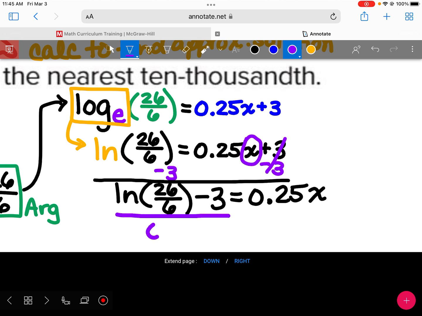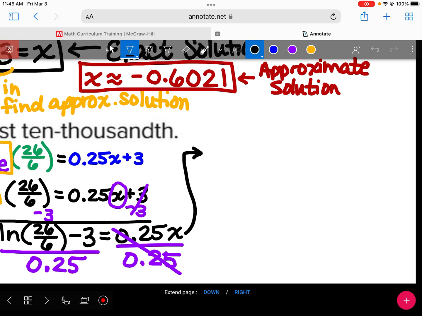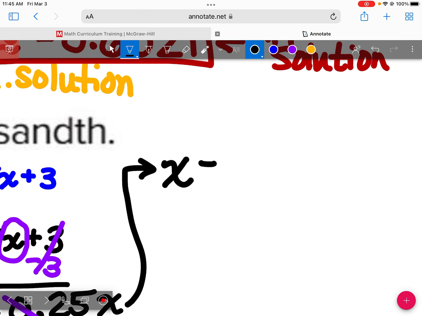Everything over here gets divided by 0.25. Everything over here gets divided by 0.25. That makes this cancel. In the calculator, you put ln parentheses 26 over 6 parentheses, minus 3, all over 0.25. I'd start off by pushing the fraction key on my calculator. So fraction key first, and then ln, and then I'd hit the fraction key again so I can do 26 over 6.